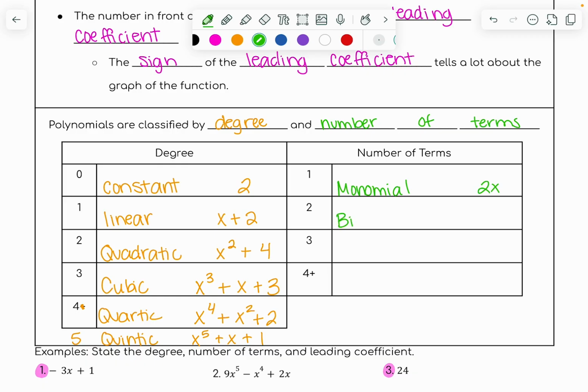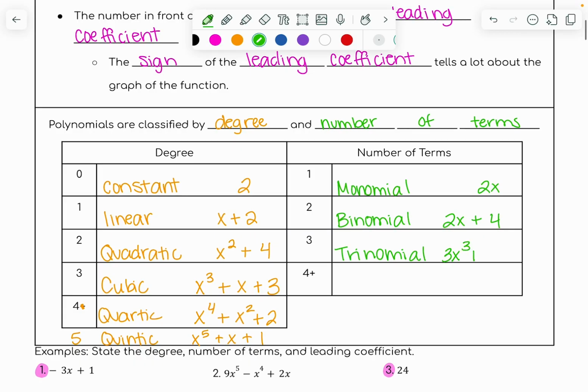Then we talk about a binomial. Bi, meaning it has 2. So this could be like 2x plus 4. That has 2 terms. Then we have a trinomial. Tri meaning 3. So this could be something like 3x cubed plus 2x plus 4.